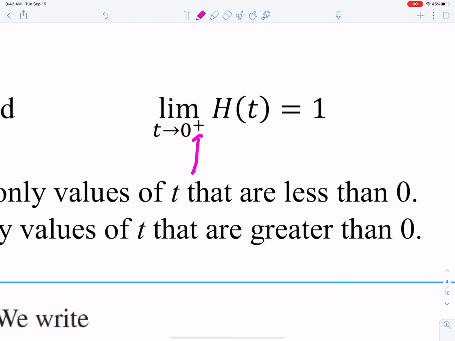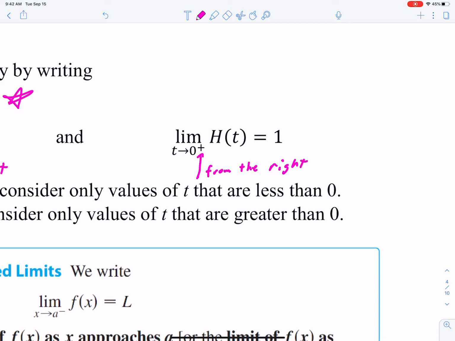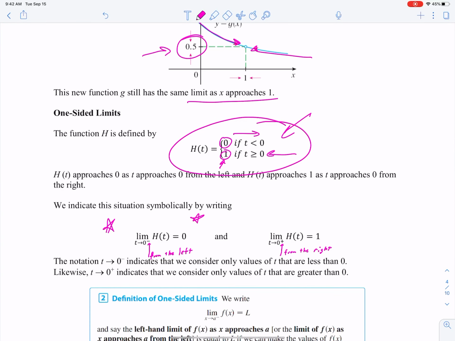And of course, by now you can probably guess what that little plus sign means. And of course, that is from the right. So on a number line, positive numbers are to the right. Okay, so the limit as t approaches 0 from the right of h of t equals 1. Again, that's talking about this function right here.